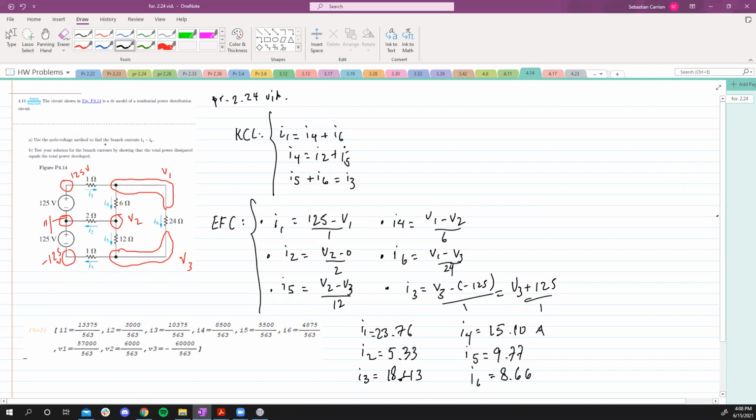Okay. So now part B of this question is asking us to show that the total power dissipated equals the total power developed. So let's do part B. Let's start with the 1 ohm resistor. Right, so we know the power formula.